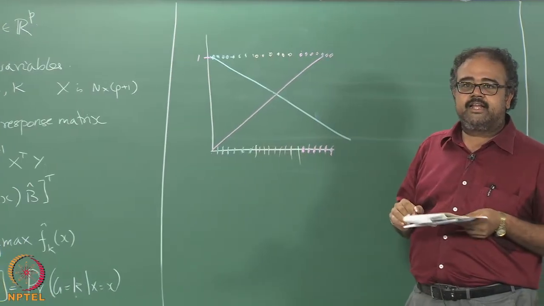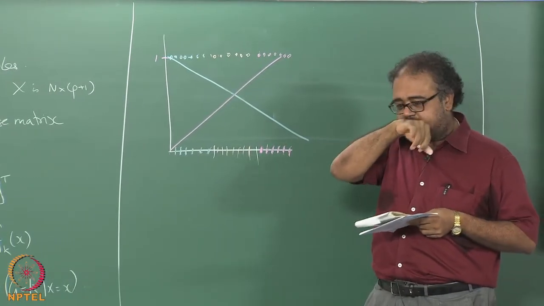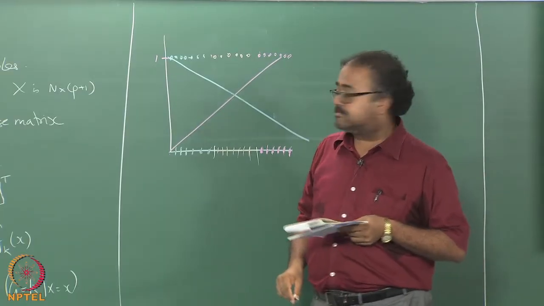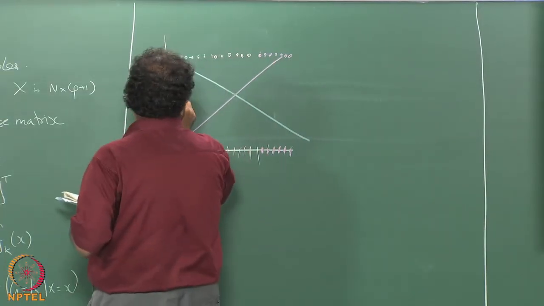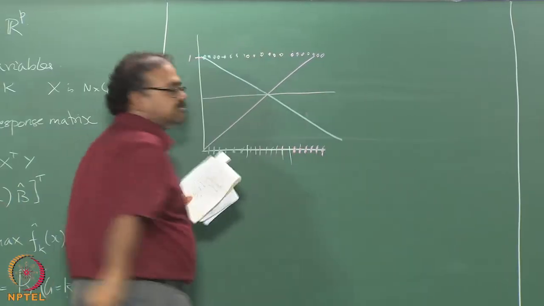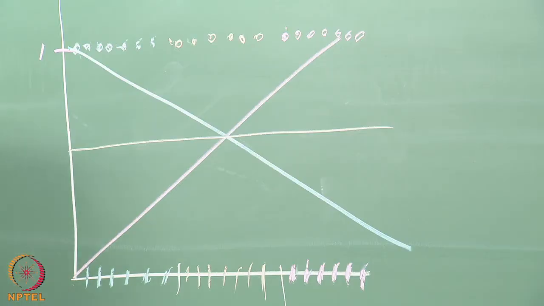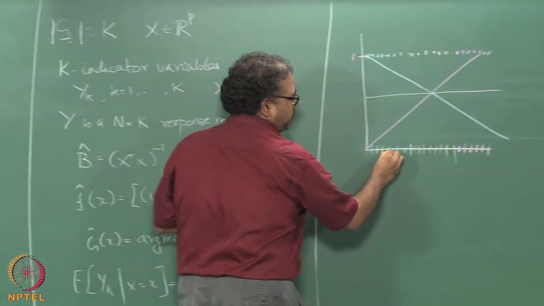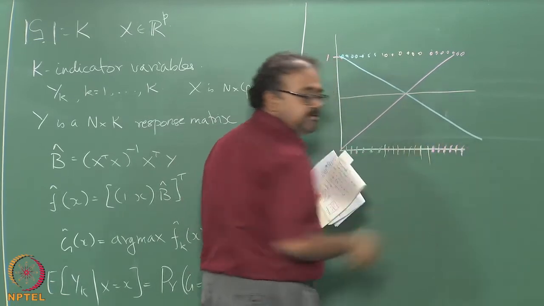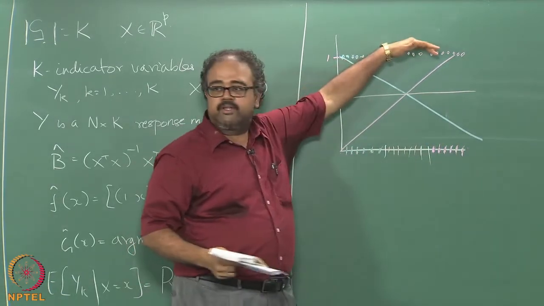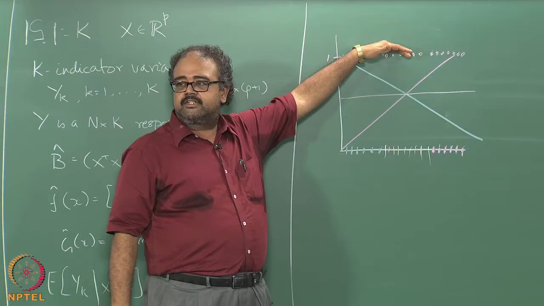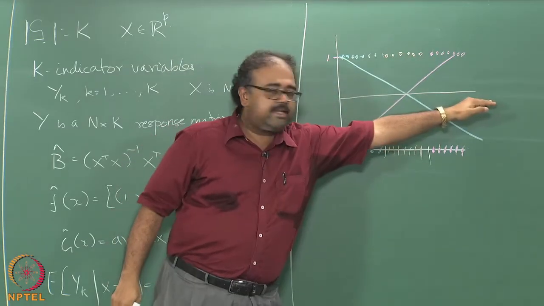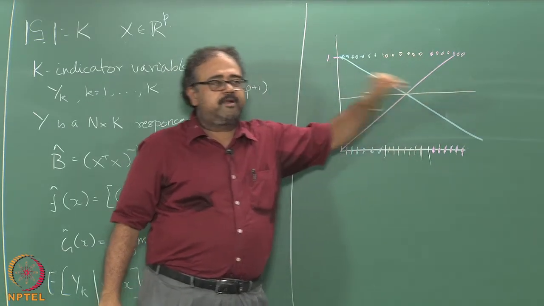Now, if I try to fit a straight line for this, what is going to happen? Remember, the rest of the points are all sitting here, right. There are a bunch of zeros here, a bunch of zeros here, and a bunch of ones there. So, if I try to do linear regression on this, I am going to get a line like that. What is the problem with that?